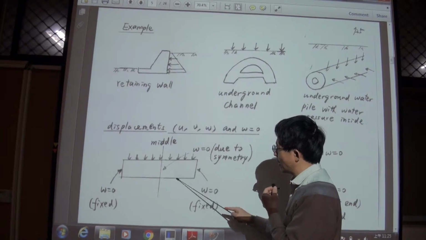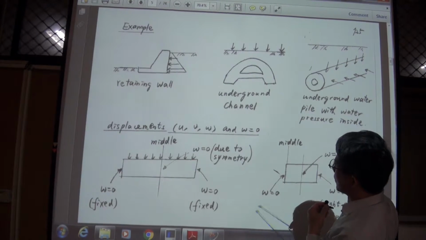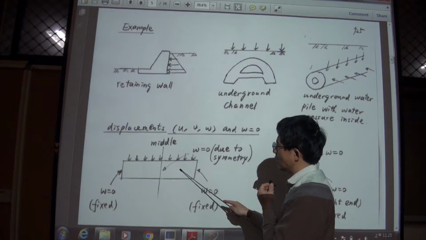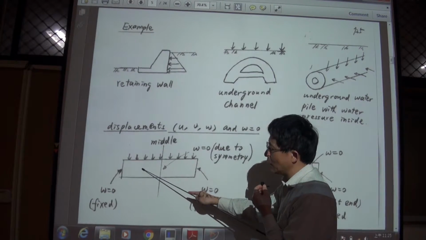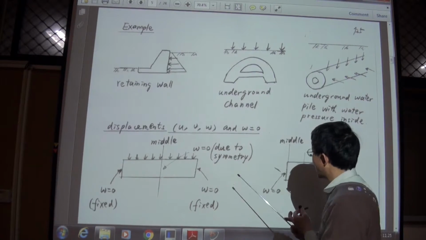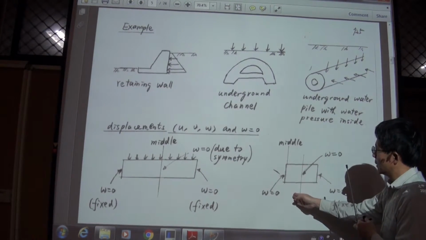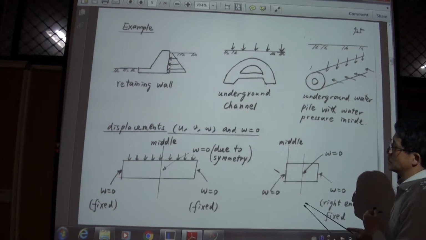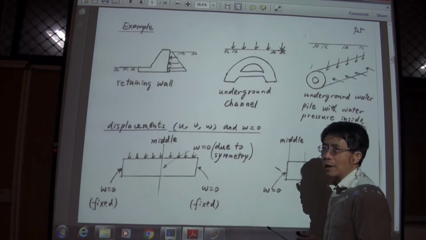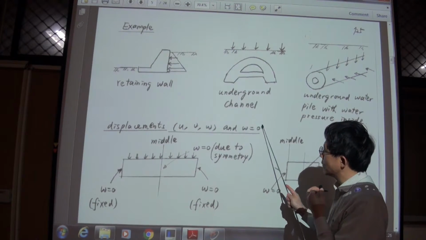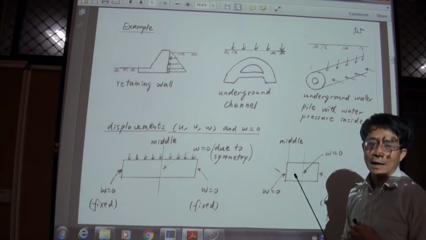And then we cut the cross section here to argue that the W value equals 0, and also W equals 0 here too. We can keep cutting the free body to say that the W value equals 0 here, and here. So, finally, every cross section, we can have the same result. W equals 0. Okay?